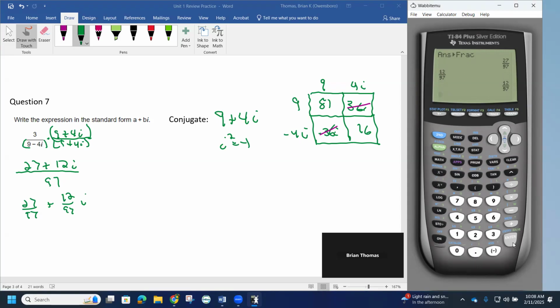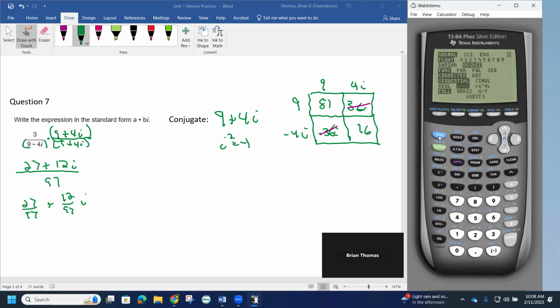Now, since this does represent a complex number, you could type the original problem into the calculator and let it do all the work. So if I do the mode, I can change it from the real mode. I can slide it over to the a plus bi mode, which is the complex mode. Now the calculator has the capability to do complex numbers.